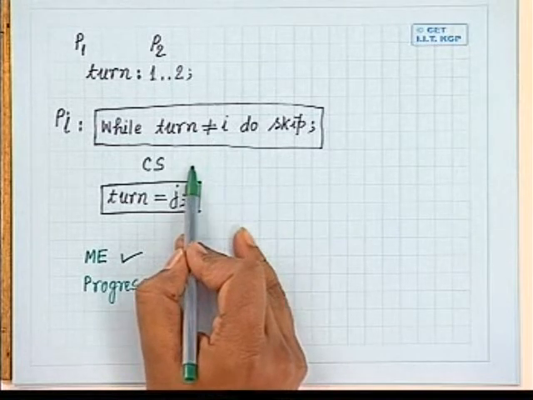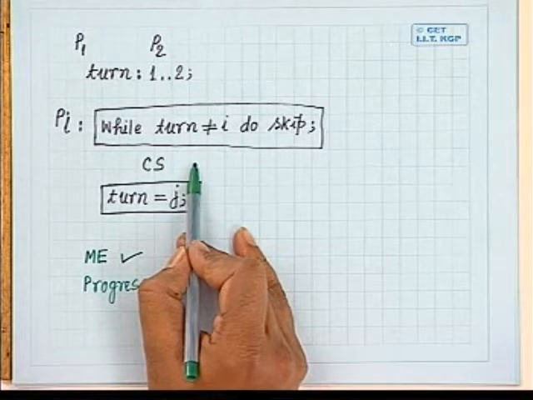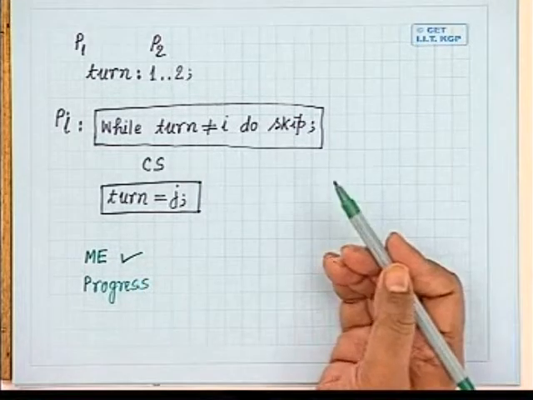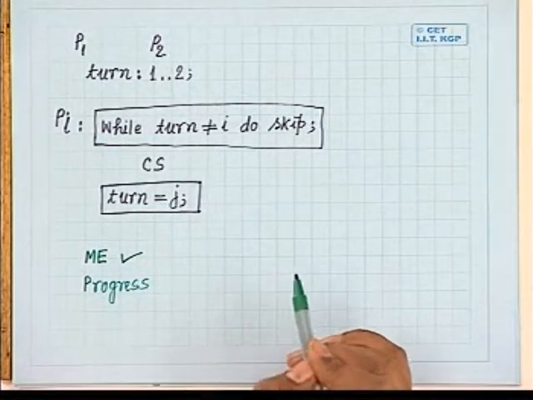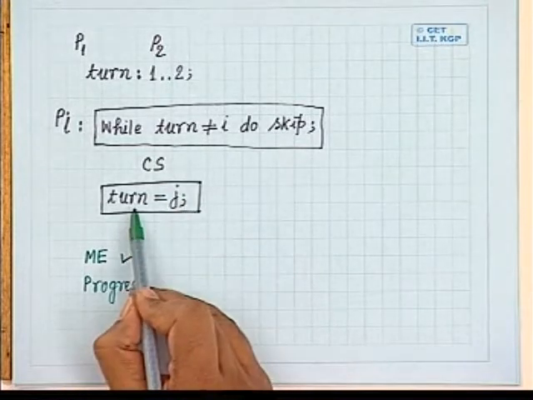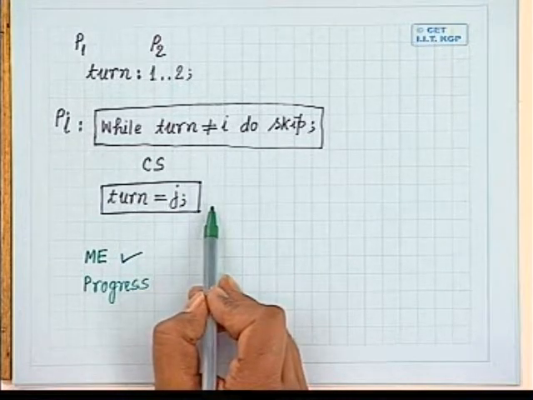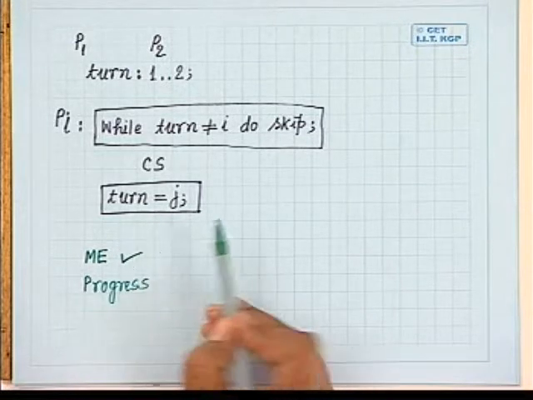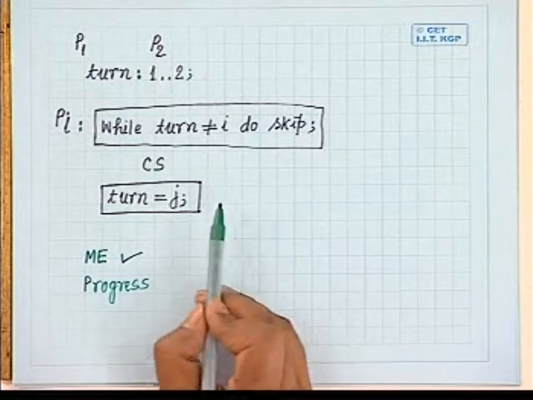So P1 cannot enter the critical section. So indirectly, though process P2 does not want to enter the critical section, because the value of turn was set to 2 by process P1 in the exit section, process P2 is also taking part in making the decision of whether P1 can enter the critical section or not.